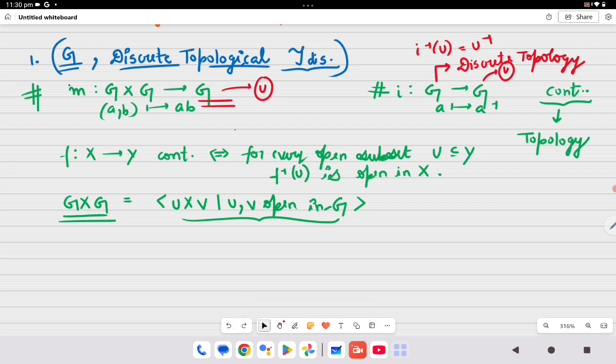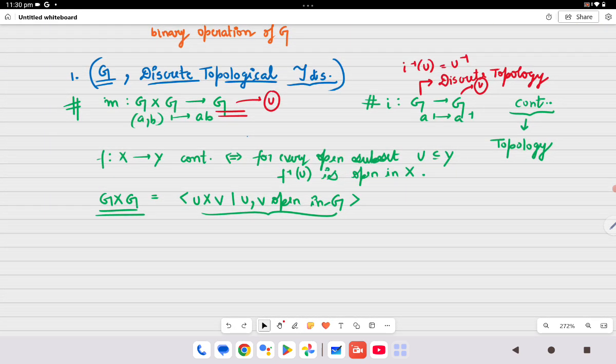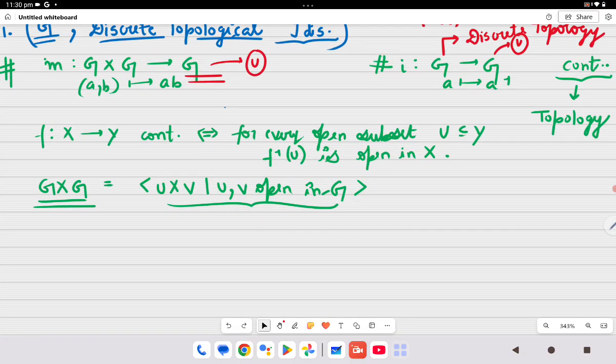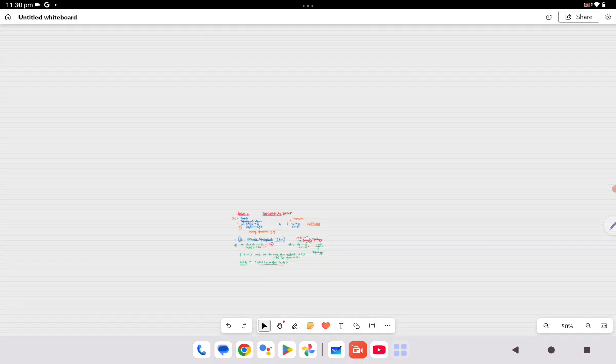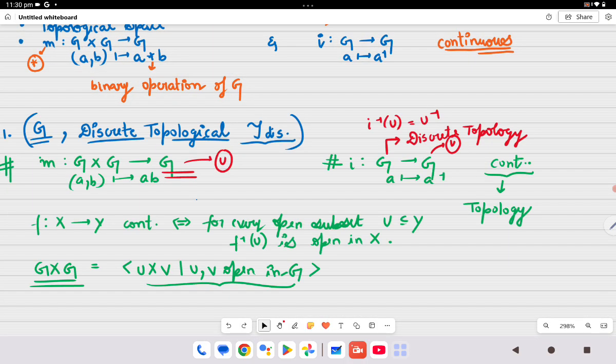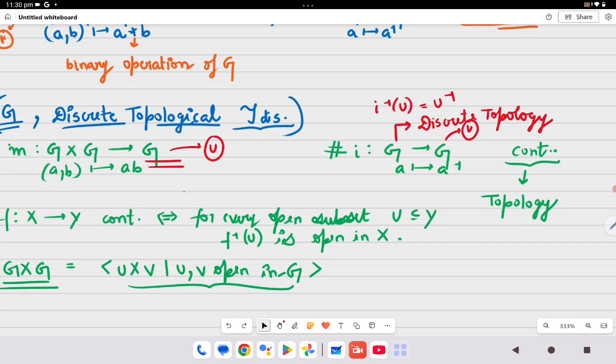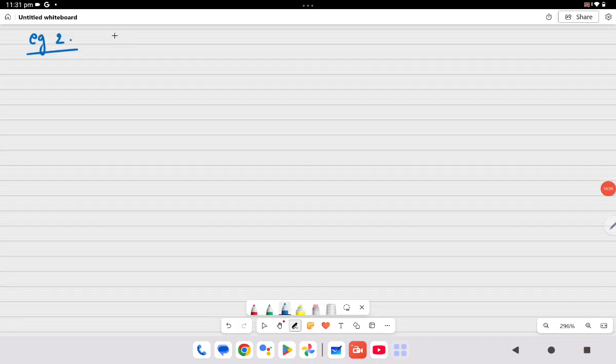All right, now let us have a look at the second example. So first, it can easily follow that any finite group is a topological space.